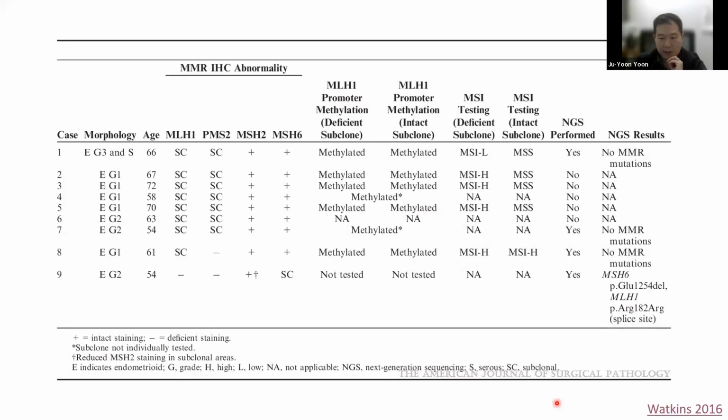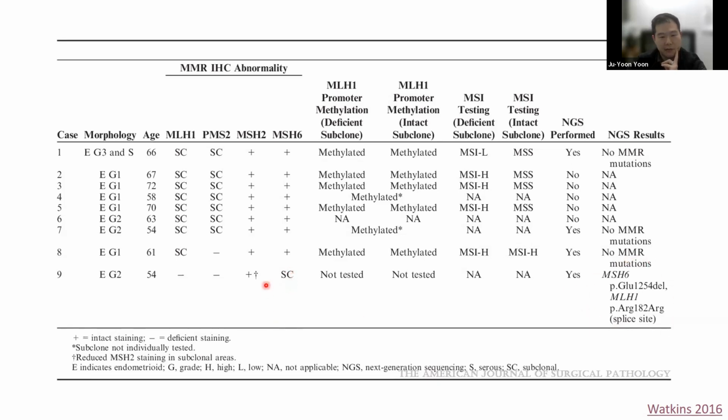So in their study, this was back in 2016, most of the cases had subclonal loss of MLH1, and there was one case with MSH6 loss, with some variants that I don't quite know what to make of, to be honest.